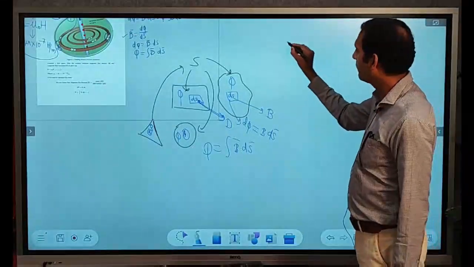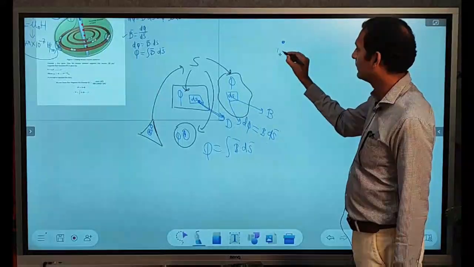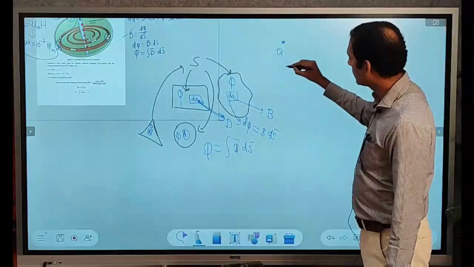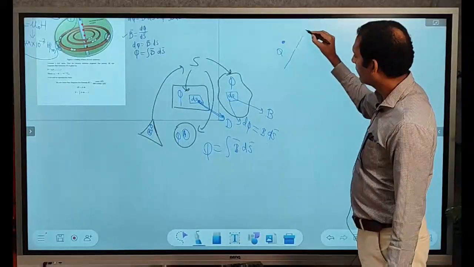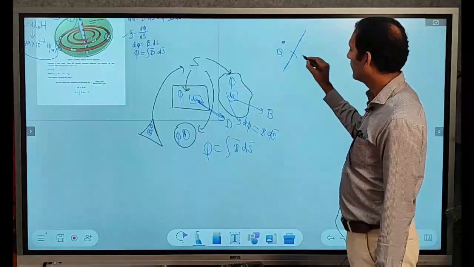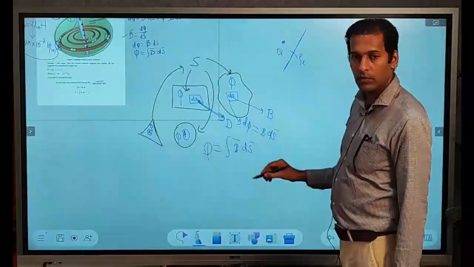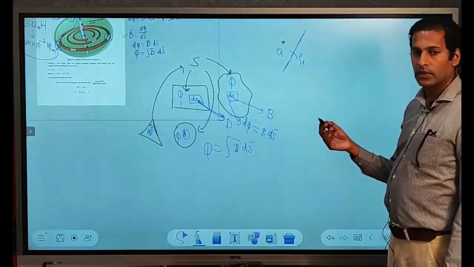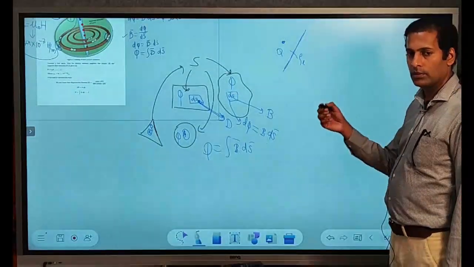Say we can have one single point charge Q. We can have a number of charges placed one after another. It will make a line charge, which may be given by some symbol. In our book we use rho L. In some other book it may be some other symbol like rho or something.